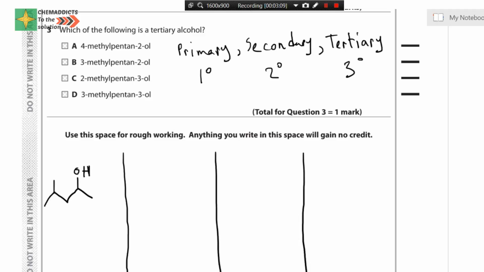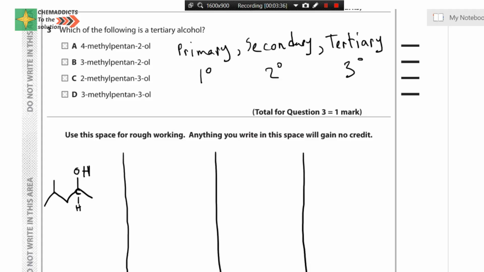The naming of alcohol depends mainly on the hydroxyl group. Since carbon number 2 has the hydroxyl group over here, we end up getting another hydrogen over here.